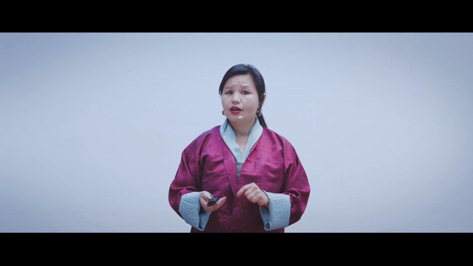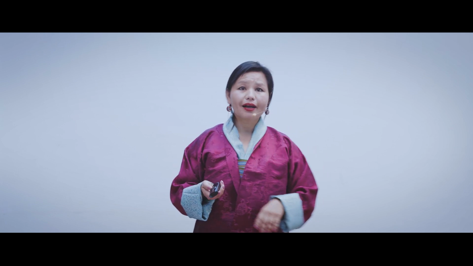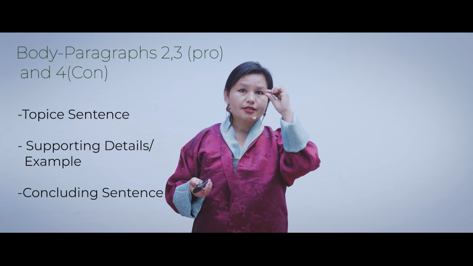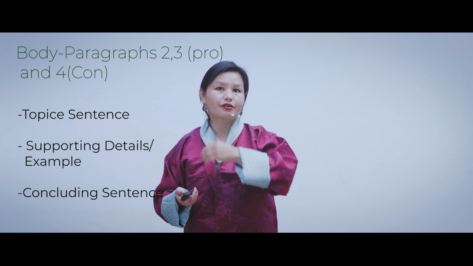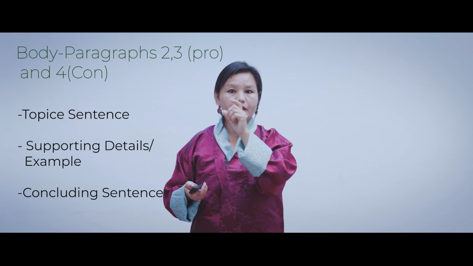Now, let us look into a 5-paragraph essay outline. You will see that I have used the analogy of a body. If you look at the top, it's the introduction. In the introduction, you have your thesis statement, the background information, a very brief history of the topic, and then you should come up with a supporting sentence, that is to say, the pro idea in the introduction. If you look at the second, third, and fourth paragraphs, in all these paragraphs, you will have a different topic sentence.